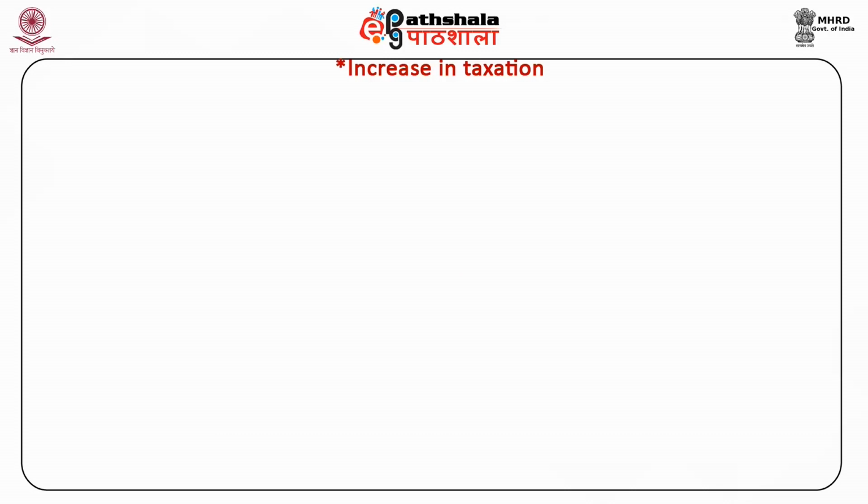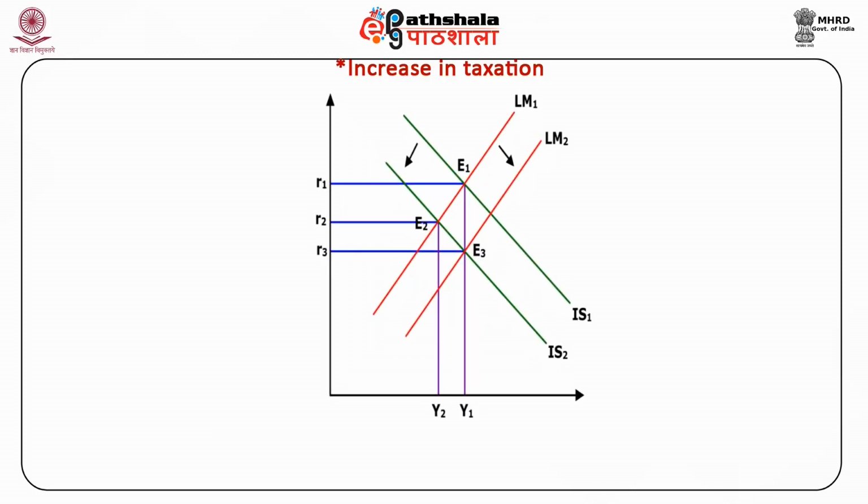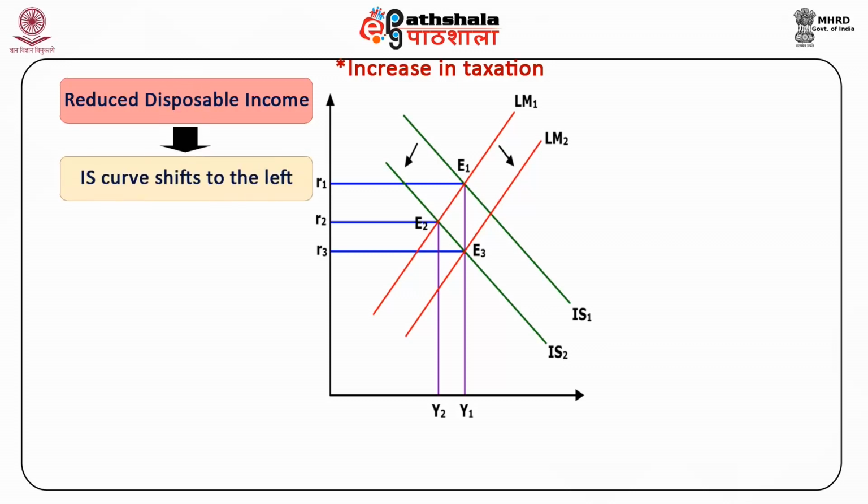Let us consider another case where fiscal and monetary policies are used in conjunction by the government. An increase in taxation reduces disposable income and shifts the IS curve leftward from IS1 to IS2.